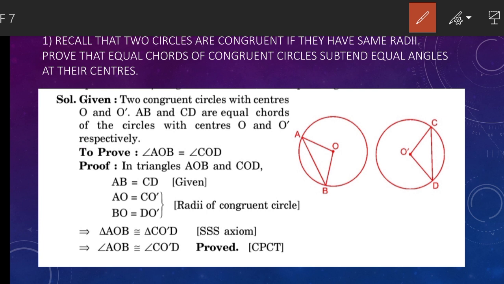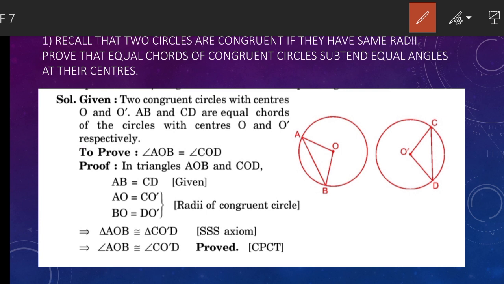If we keep one circle and on top of it we place another circle, that means we are superimposing the circles, putting one upon the other. Whenever we are superimposing the circles, then we can say they are congruent if we get one circle out of it. That means both circles will coincide with each other to form one single circle.